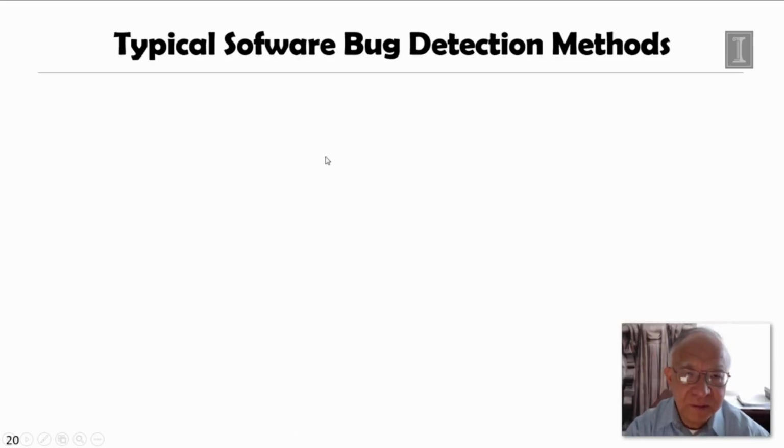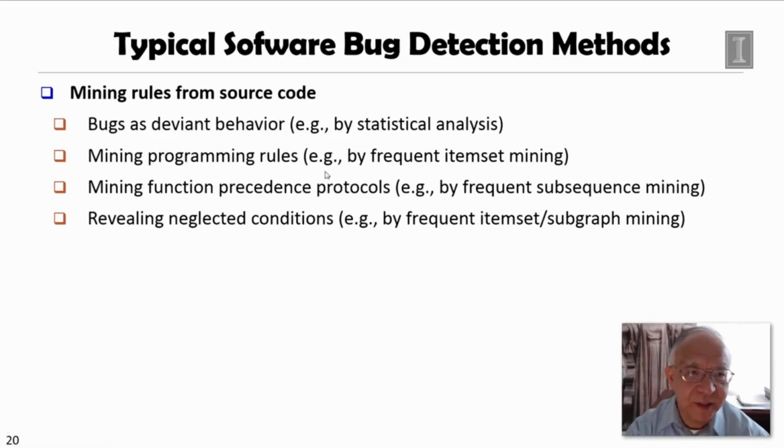So the typical software bug detection methods, there are many. One could be mining rules from source code. We may find deviant behavior, those are bugs, by statistical analysis. You may find some source code that substantially deviates from the others. Or you may mine some programming rules. For example, you first do variable value assignment, then you do the condition testing. So if you use frequent item set mining, you may be able to identify those typical program practices or rules.